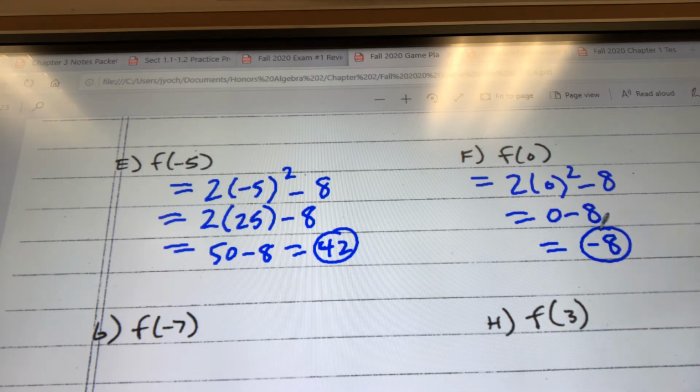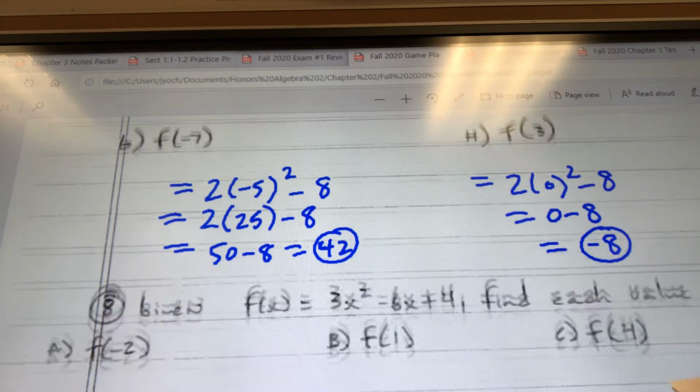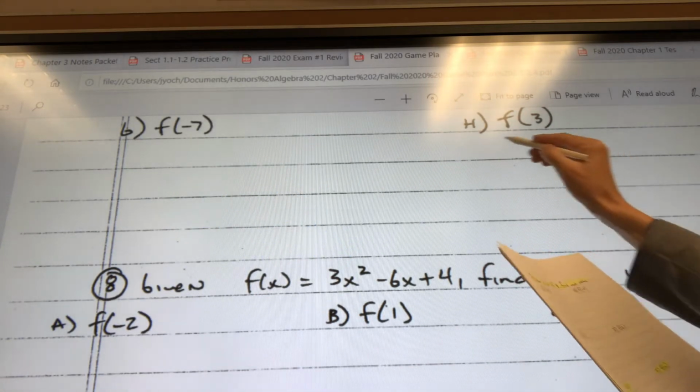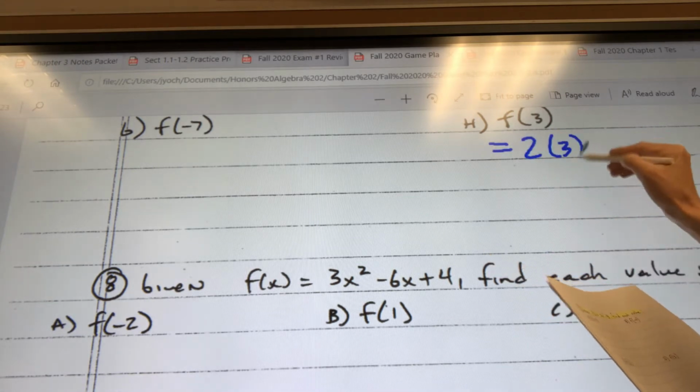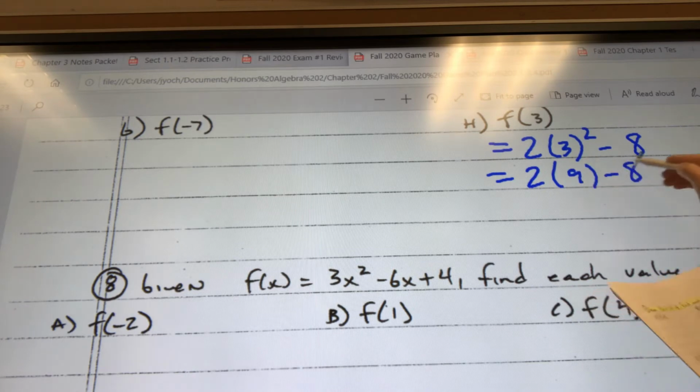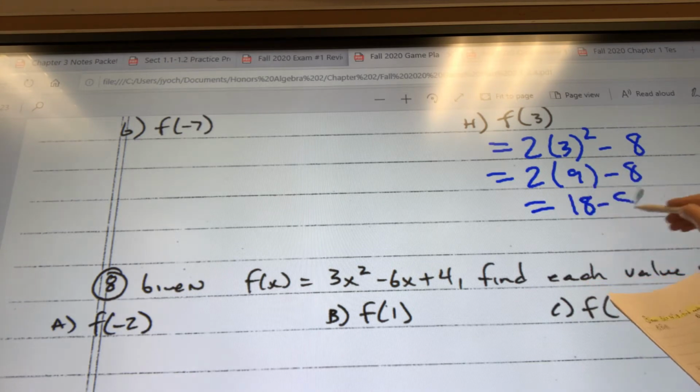And again, pause this whenever you need to. Let's talk about f of 3. Can you see f of 3? I think you can. 18 minus 8 is 10.